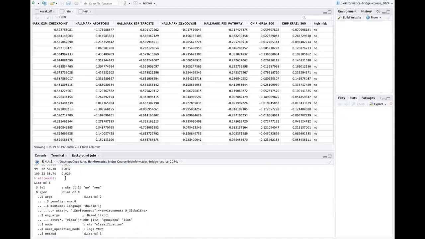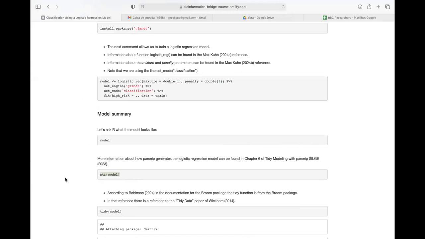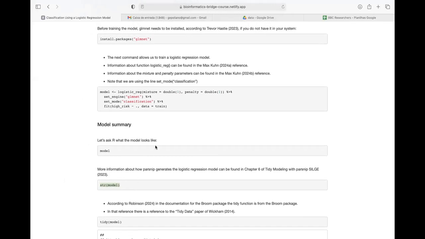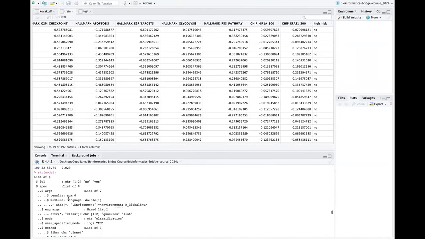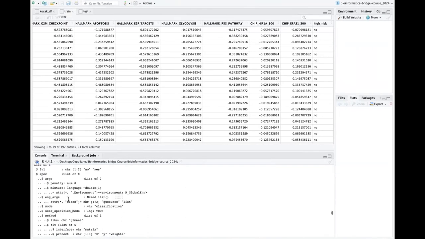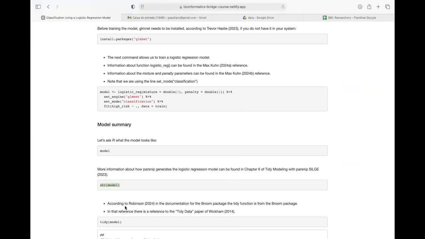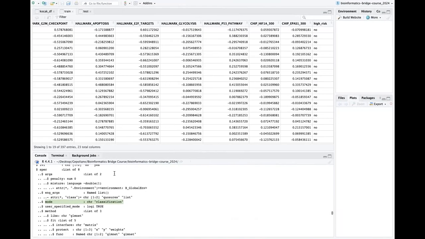Penalty, I know that I gave it that parameter. Oh, 0. I gave the parameter 1. It tells me it has 0 here. Let me see if there's anything else that I recognize. I see here the mode as classification. We set the mode here as classification.